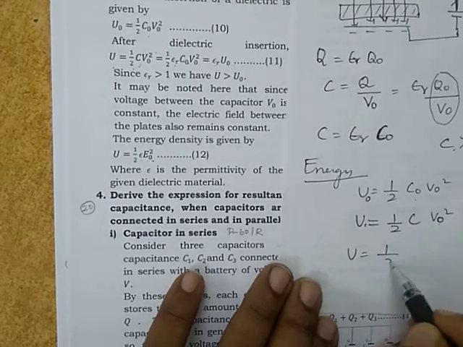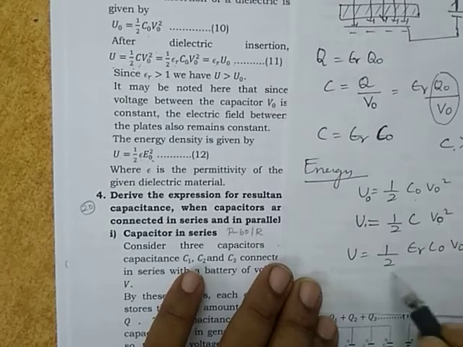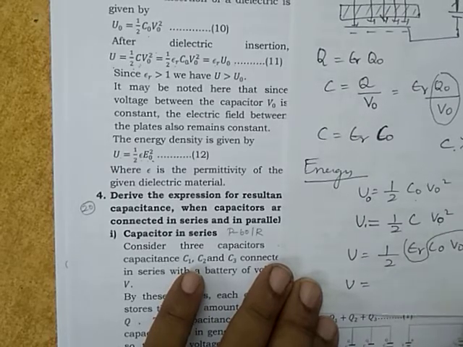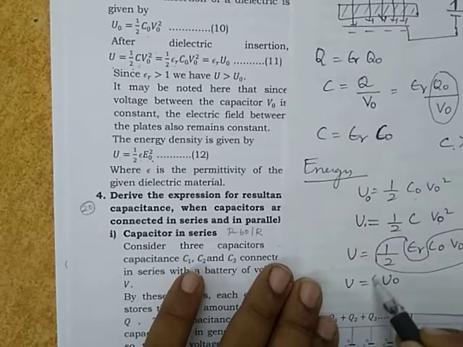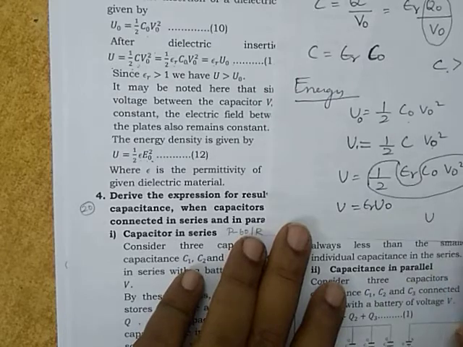Then we know the value of capacitance, C is equal to epsilon r C naught, so half epsilon r C naught V naught square. Then we can write U is equal to epsilon r times U naught. This shows the energy increases.